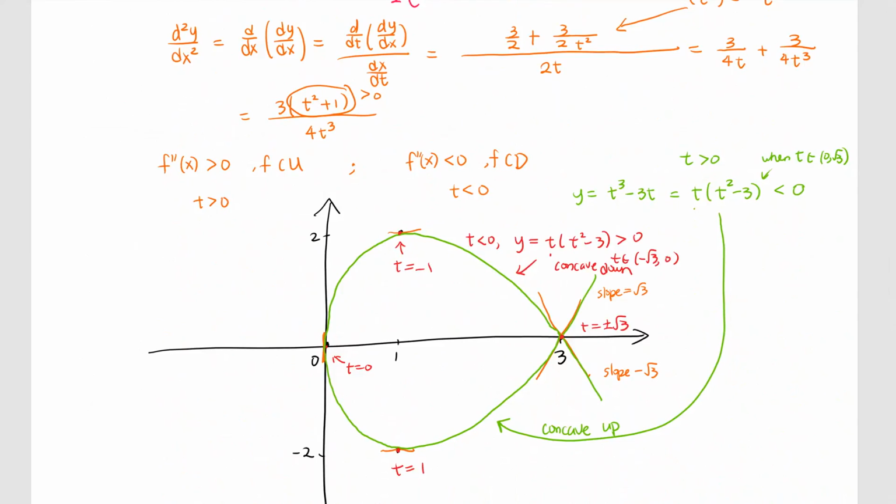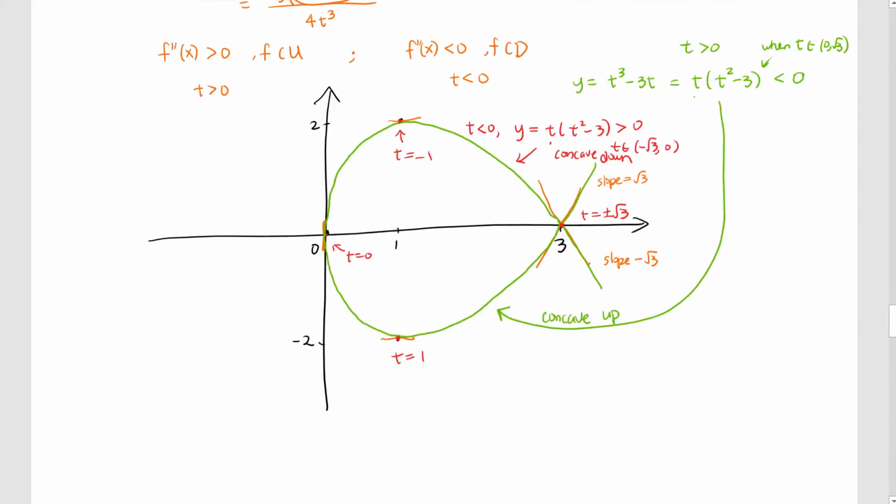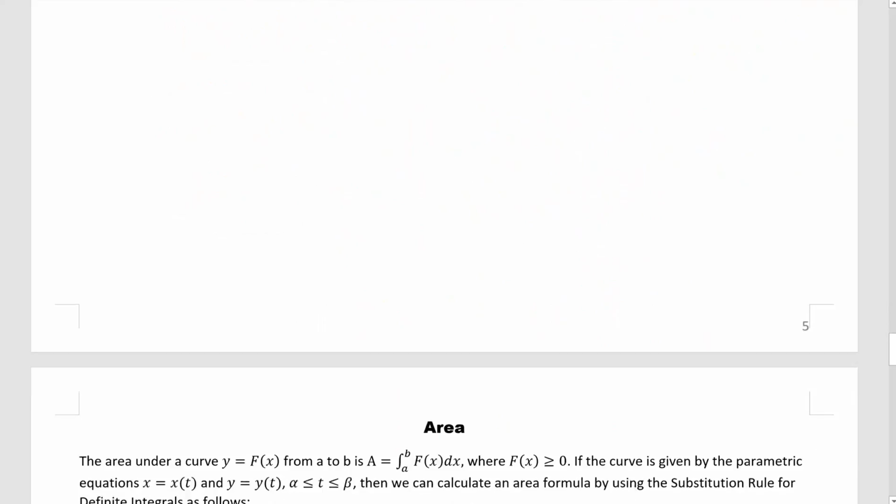So t equals minus 1 actually corresponds to this point. So this piece is t negative, so concave down. Okay, and the bottom, t equals 1, t is positive, so we have concave up. Okay, so that is problem 8.